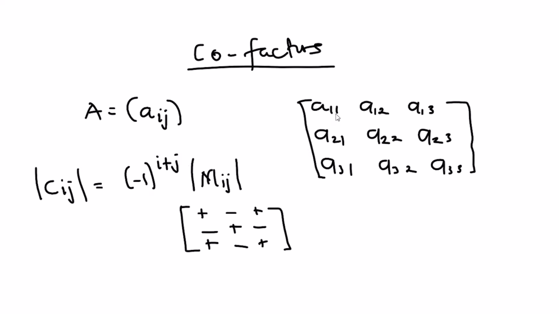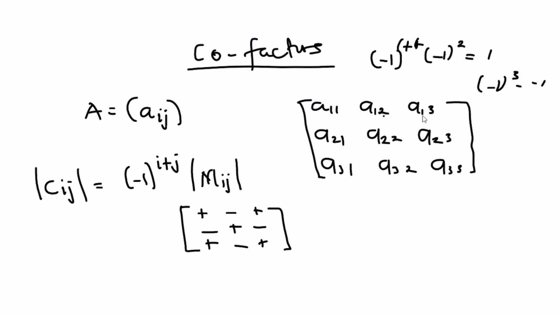For the first entry, I get -1 exponent 1 plus 1, so 1 plus 1 gives 2, and -1 exponent 2 is a positive number. So the first sign is positive. Moving on to the next one, I have an odd sum, giving -1 exponent 3, a negative number. That's why the next one is negative.